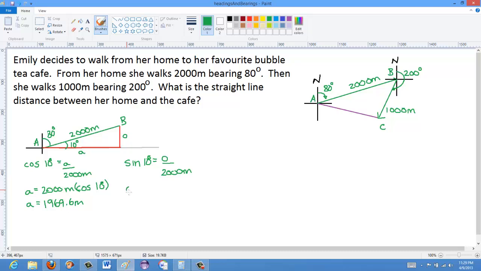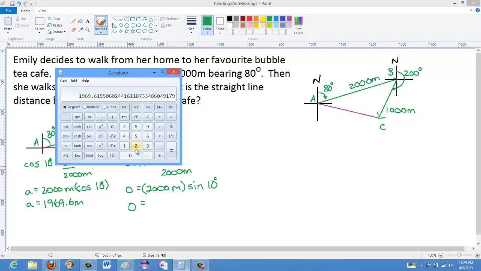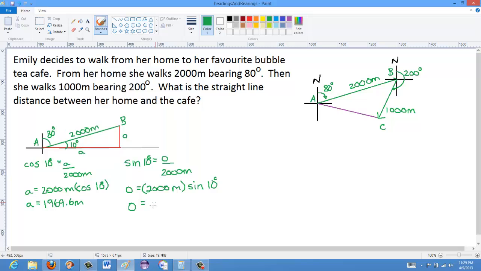The opposite is equal to 2,000 meters times sine of 10 degrees, which is 347.3.